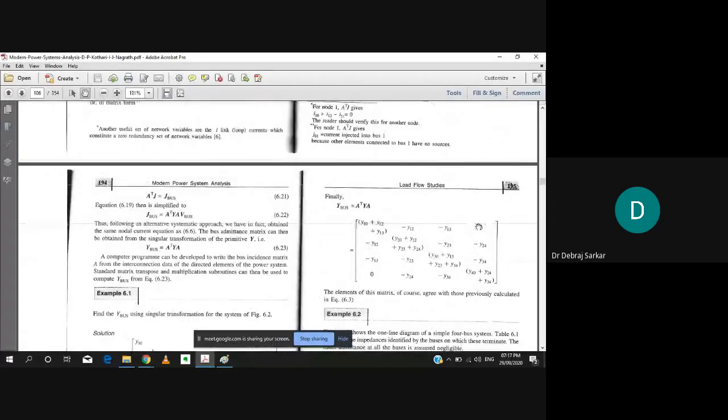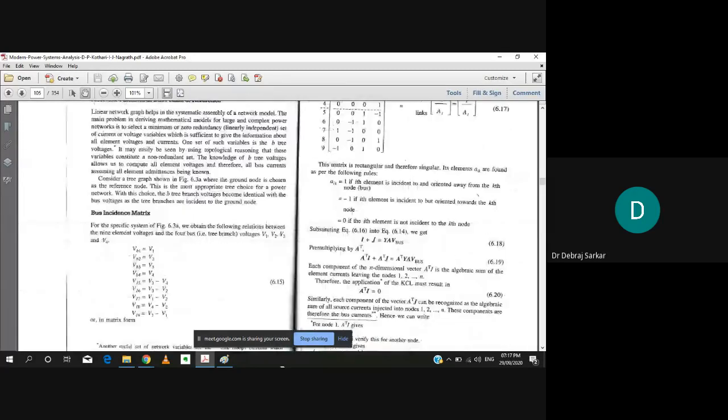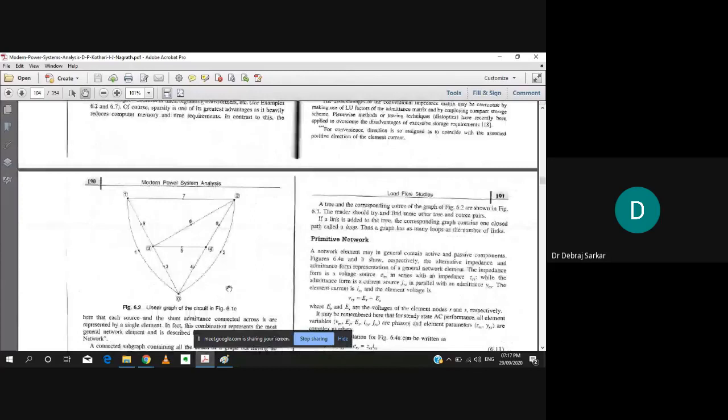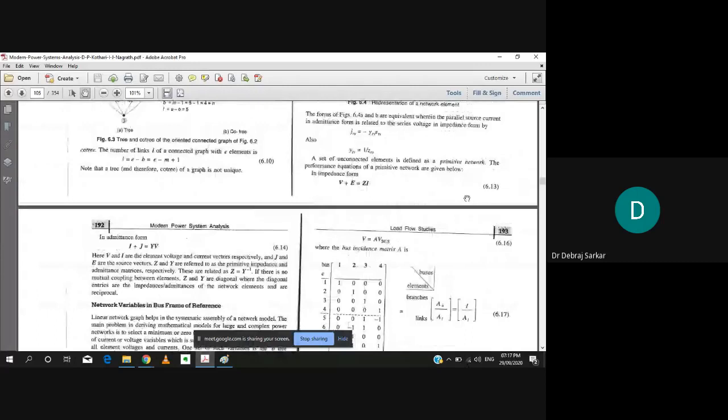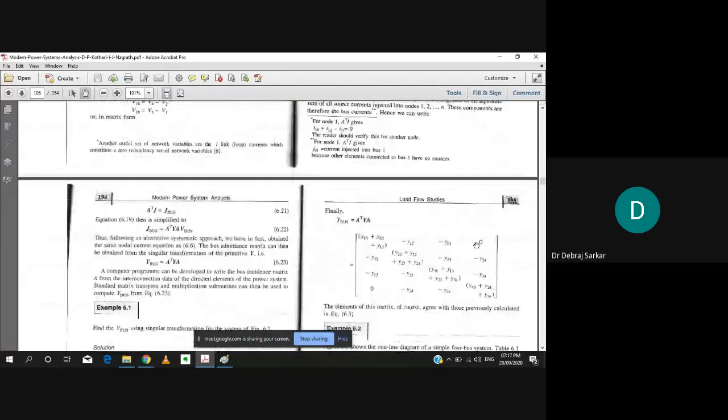Let us check the 0. This is first node and fourth node. First and 4. There is no connection between first and 4, and hence it is 0.